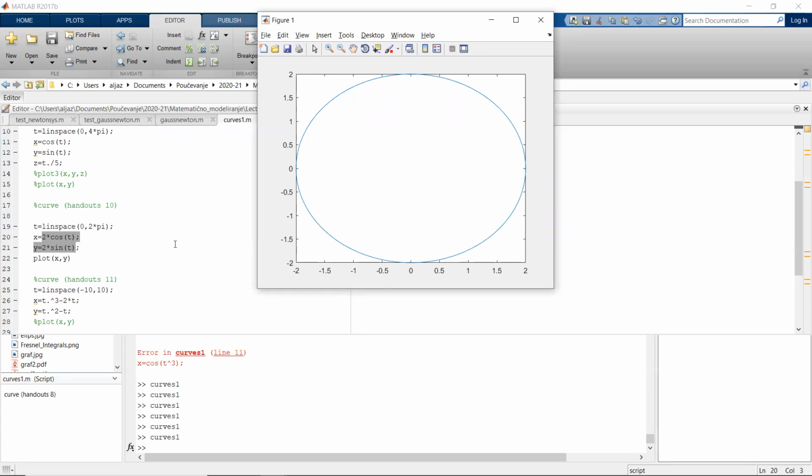So in some parameterization, we will get that the velocity is 0. So x'(t) and y'(t) will be 0 at some point. And we will try to figure out, does this mean that the tangent to this curve doesn't exist, or is it only because of our parameterization that the velocity is 0 at this point? So we'll study what we can say from the parameterization about the actual curve.